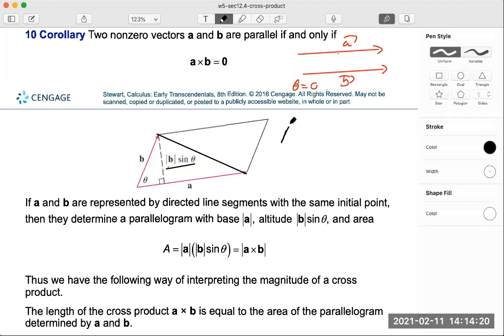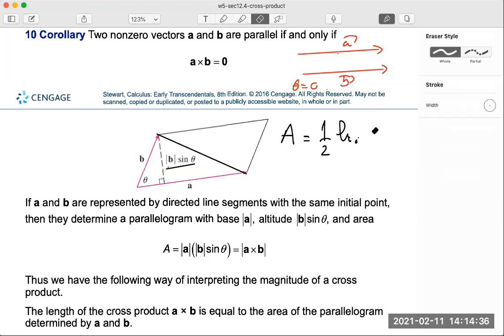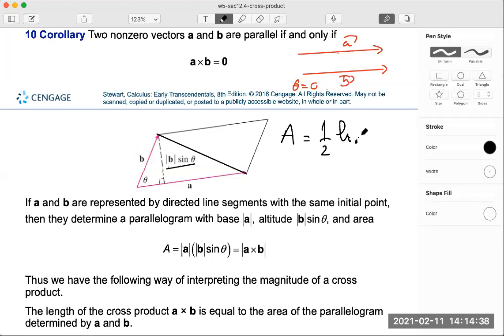So the area of a triangle will be 1/2 of the altitude h times the base. The base in this case is the vector A, right? Let us avoid using the same notation, it's fine. Imagine, okay?